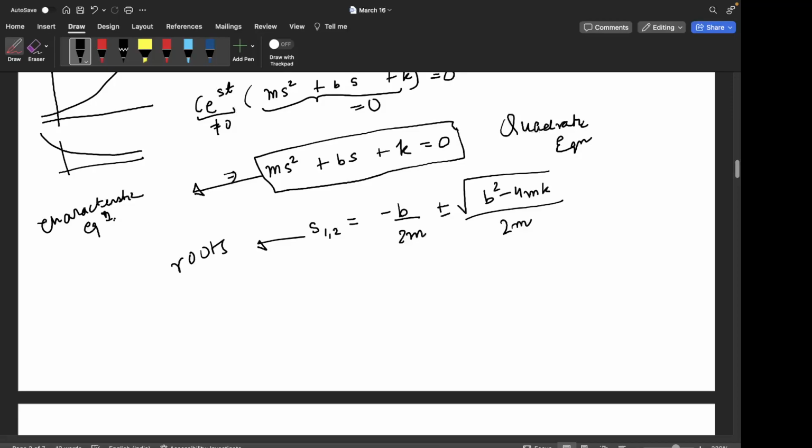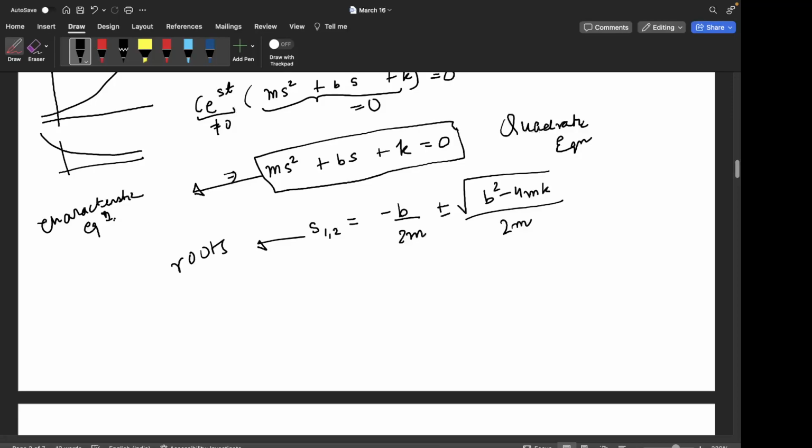So that's one case. The other is that both the roots are equal, right? And the third case is that roots are imaginary.